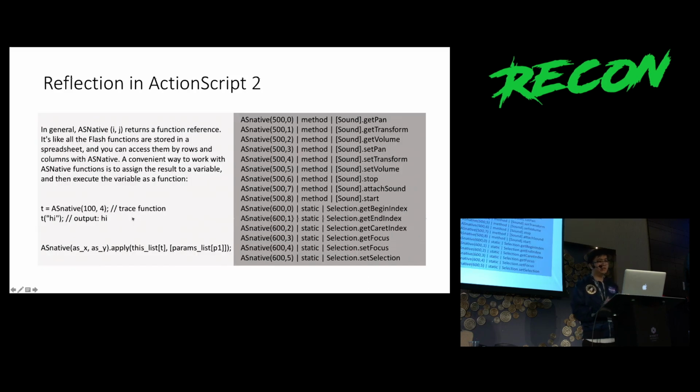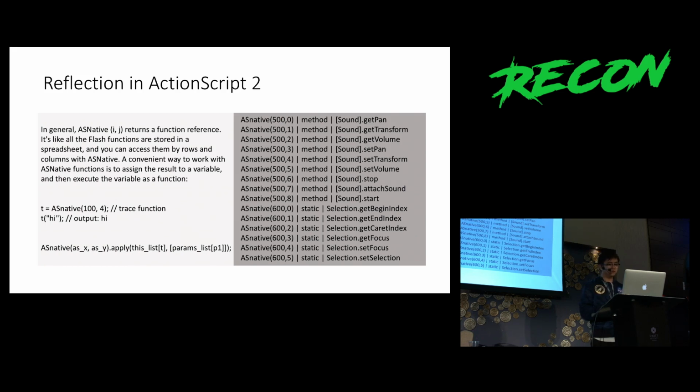ActionScript 2 has implemented similar reflection with ASnative. In general, ASnative returns a function reference. It's like all the ActionScript 2 functions are stored in a spreadsheet, and you can access them by rows and columns with ASnative. ASnative is very friendly for fuzzing.